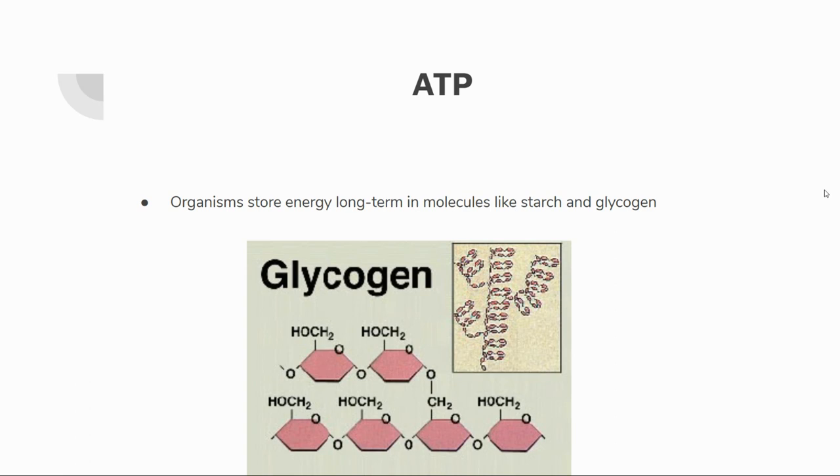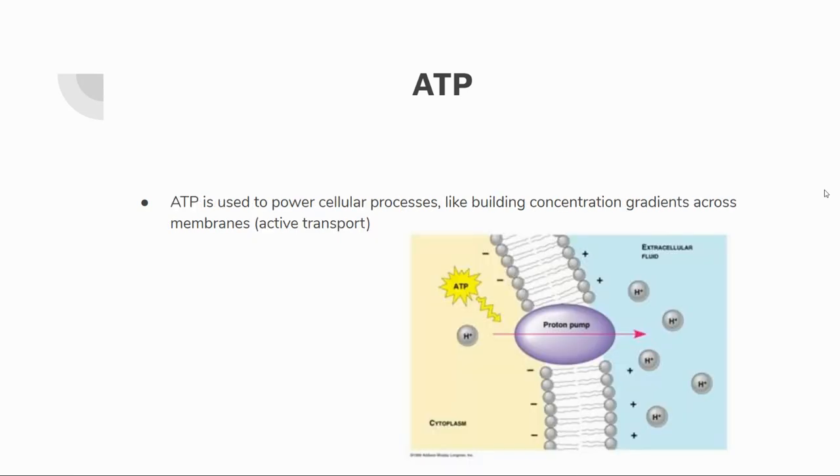That takes us back to Unit 2, the macromolecules unit. We talked about that. And ATP is used to power cellular processes like building concentration gradients across cell membranes. We talked about active transport, when you're having to actively pump material against the concentration gradient, because nature does not like concentration gradients. Nature wants everything to be at equilibrium.